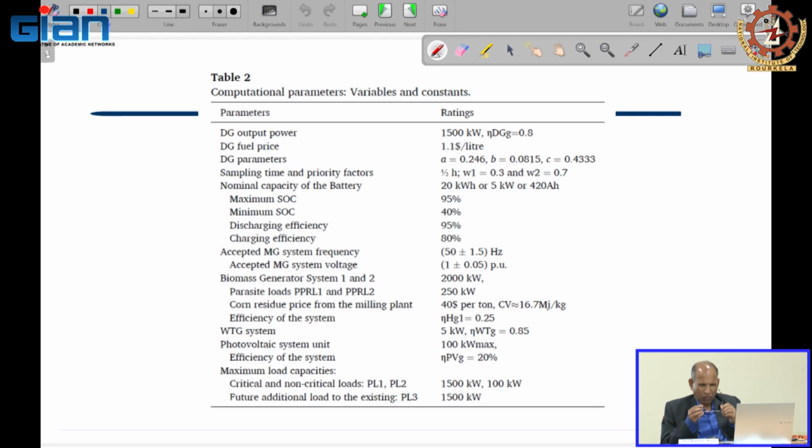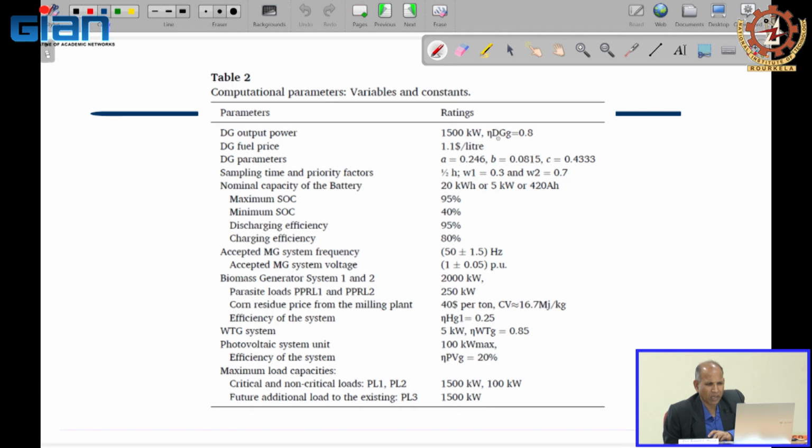Just for a little bit of an idea, these are the sort of parameters that are considered. You have the diesel generator, rated 1500 kilowatt, so 1.5 megawatts. So it's not a very small system, it is significantly good.